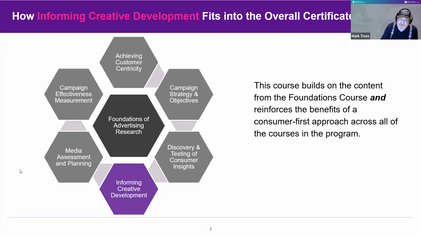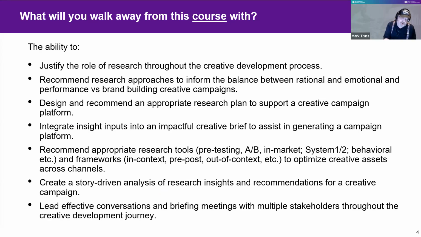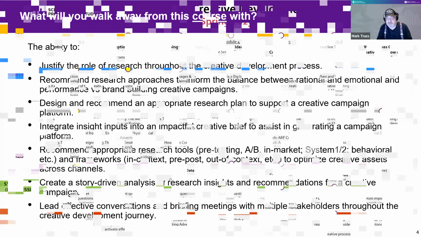This class builds on the foundations, as I've shown you a few times. And what you walk away from this course with is an understanding on how to navigate that creative development process, from recommending research approaches, putting together a research plan, integrating the insights you get here into a creative brief, recommending the right testing methodologies, creating kind of a story-driven analysis, and leading effective conversations with the stakeholders.